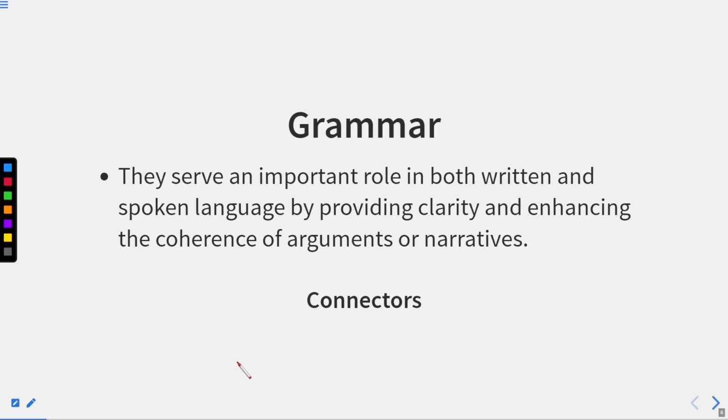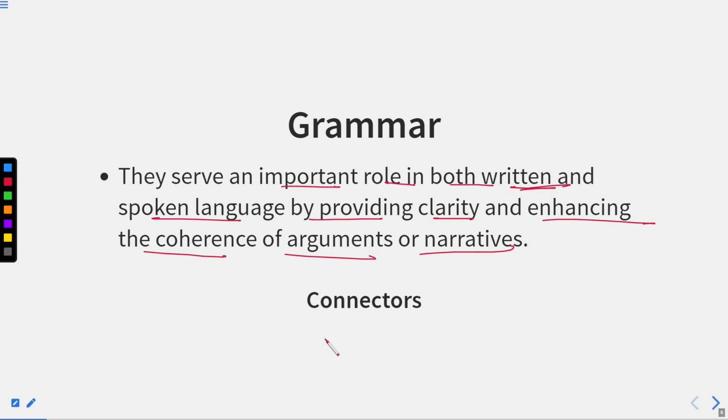Now, they serve an important role in both written and spoken language by providing clarity and enhancing the coherence of arguments or narratives. So there may be some arguments where we are using some connector to join two arguments together. For example, one thing is written and in the other statement or in the other clause, the opposite of it will be written.